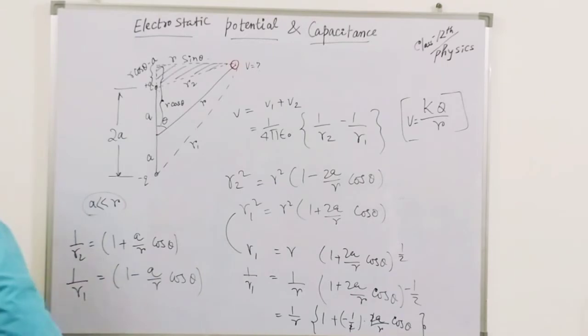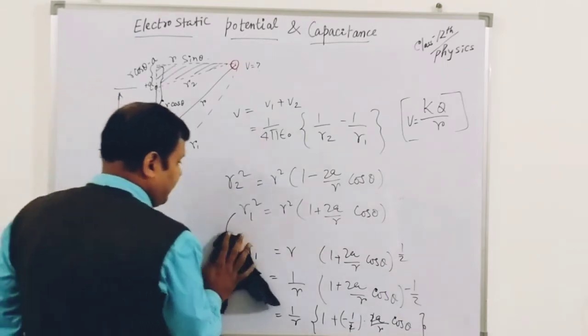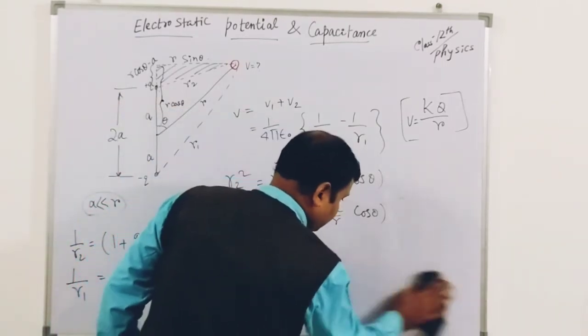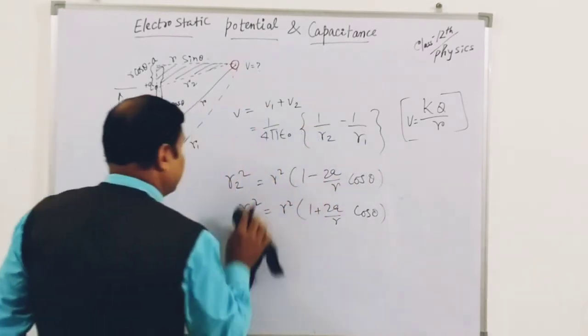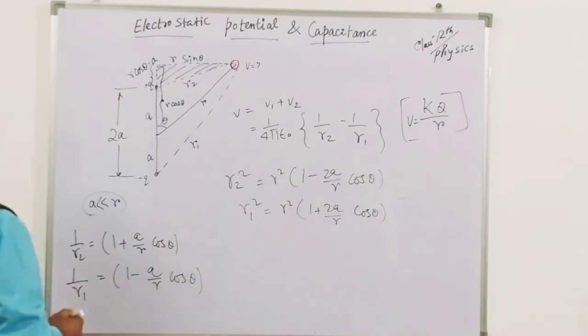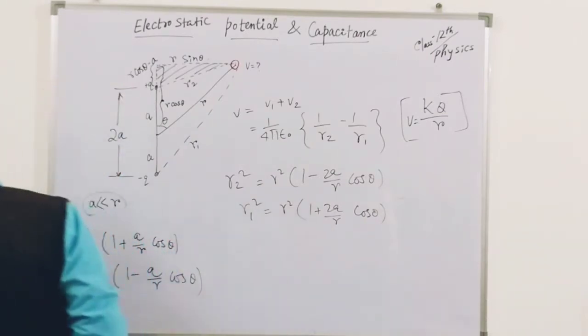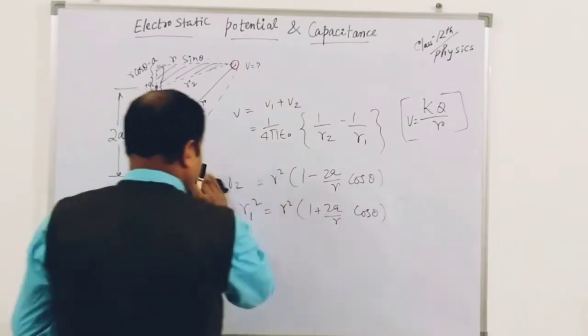Okay, so now we will replace all these 1 by r1 and 1 by r2 in the potential, algebraically, because this is a scalar quantity as we read earlier.